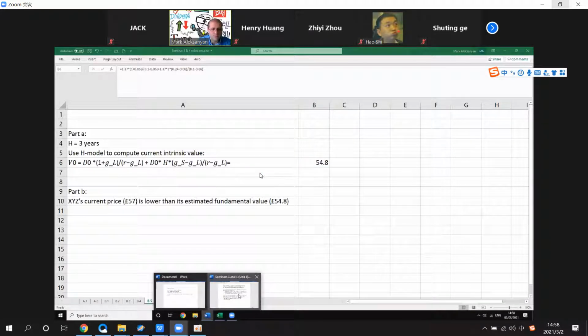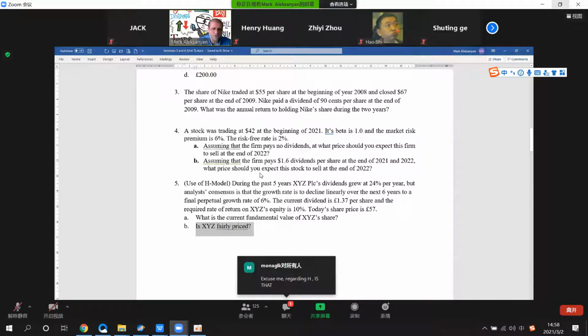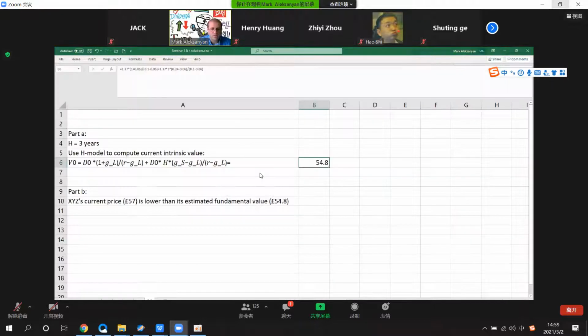The answer to part B. Is XYZ fairly priced? To answer this question, we just need to compare our intrinsic valuation based on the H model with today's actual share price. Today's share price is 57. Our estimated intrinsic value came at 54.